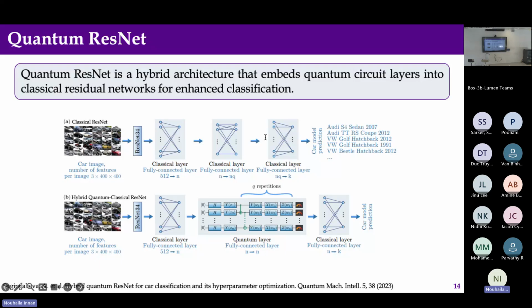For the hybrid quantum-classical ResNet, the process begins the same way with a ResNet 34 backbone to extract initial features. However, instead of passing these features entirely through classical fully connected layers, some of them are mapped into a quantum layer.